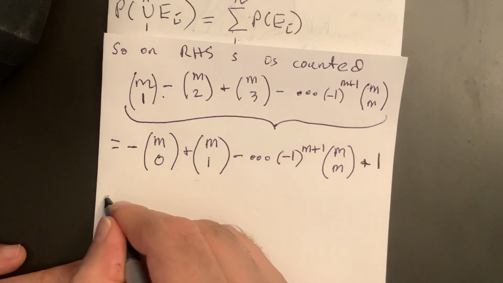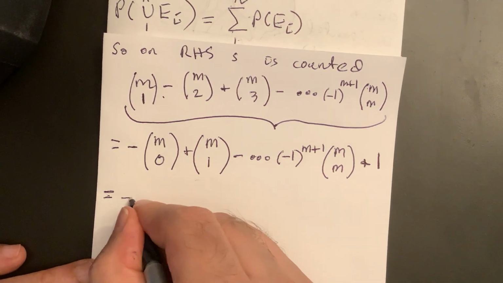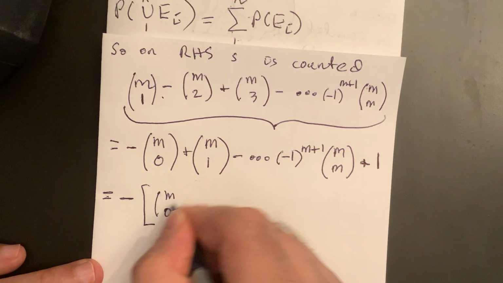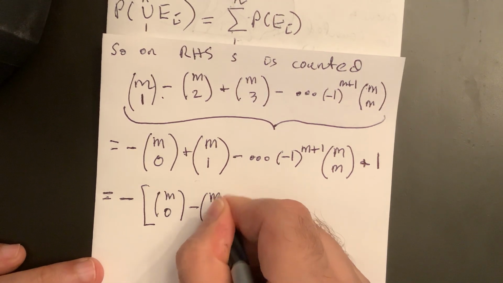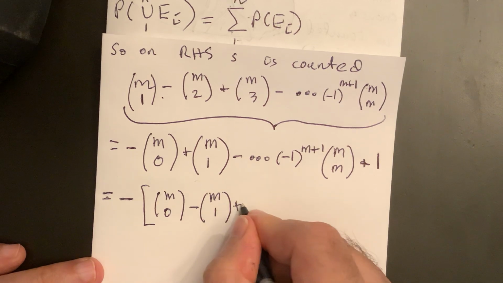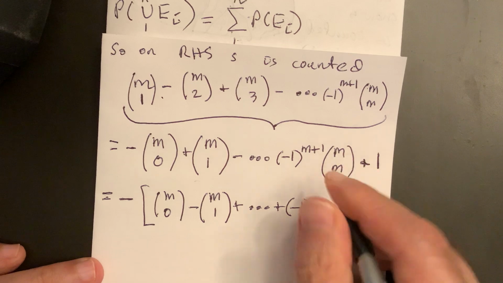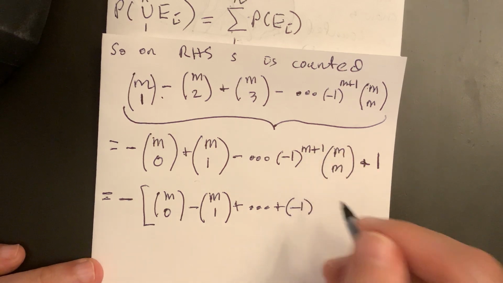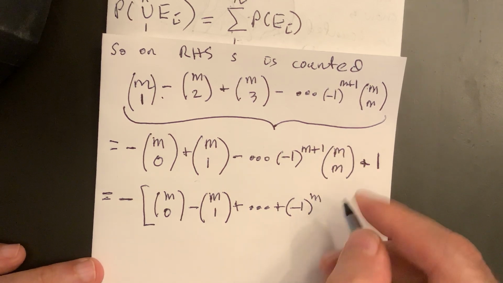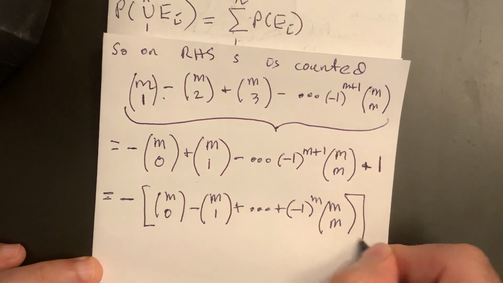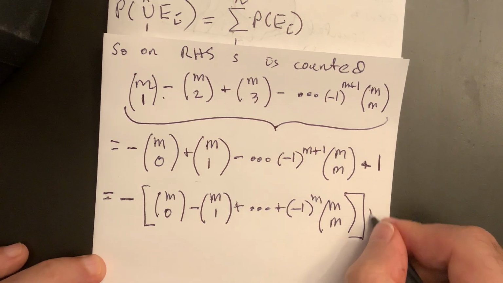Now let me factor out a negative sign here. So this is equal to minus M choose 0 minus M choose 1 plus dot dot dot plus, this becomes minus 1. This sign switched, so I could write M here now. M choose M. And still plus 1, right?